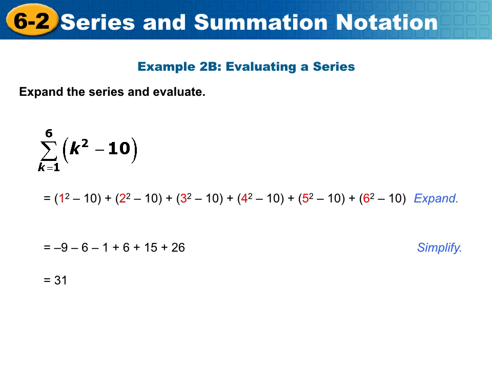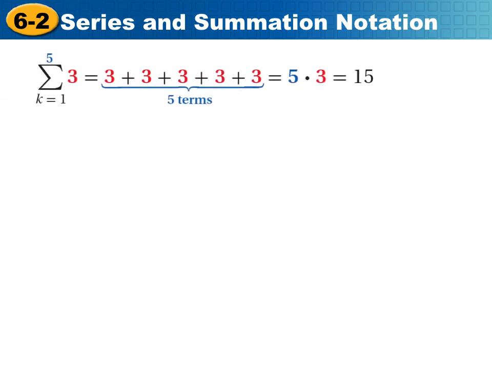Now let's move on to the third part. In the third part we have some formulas. Here we have a constant term. We have 3, a constant number. So from 1 to 5, every value is 3.